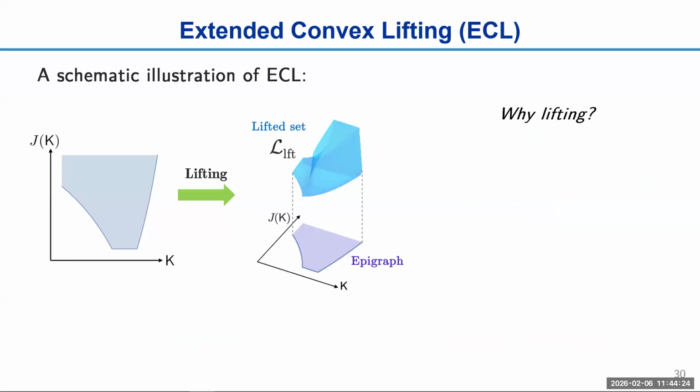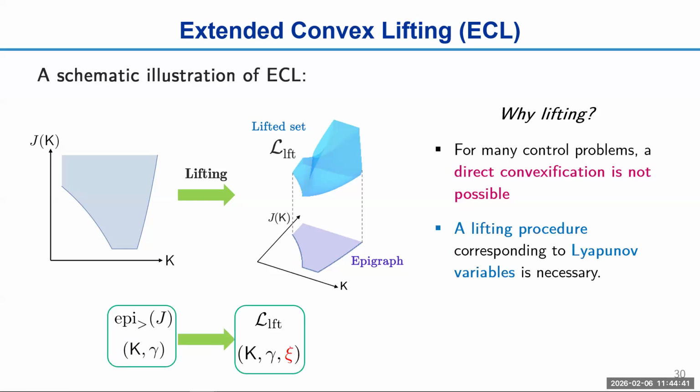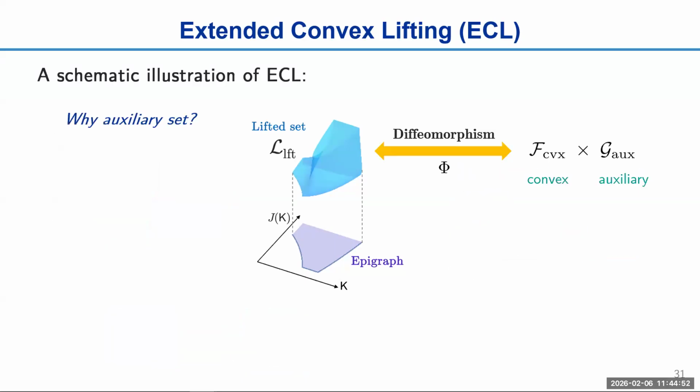Okay. So you may ask, why would you do lifting? Because in control, if you look at any control problem, very often you realize the Lyapunov function will be very useful. Normally a direct convexification is not possible in control problems. Normally you need to have a Lyapunov variable to help with your convexification. So the lifting procedure will correspond to Lyapunov variables in control.